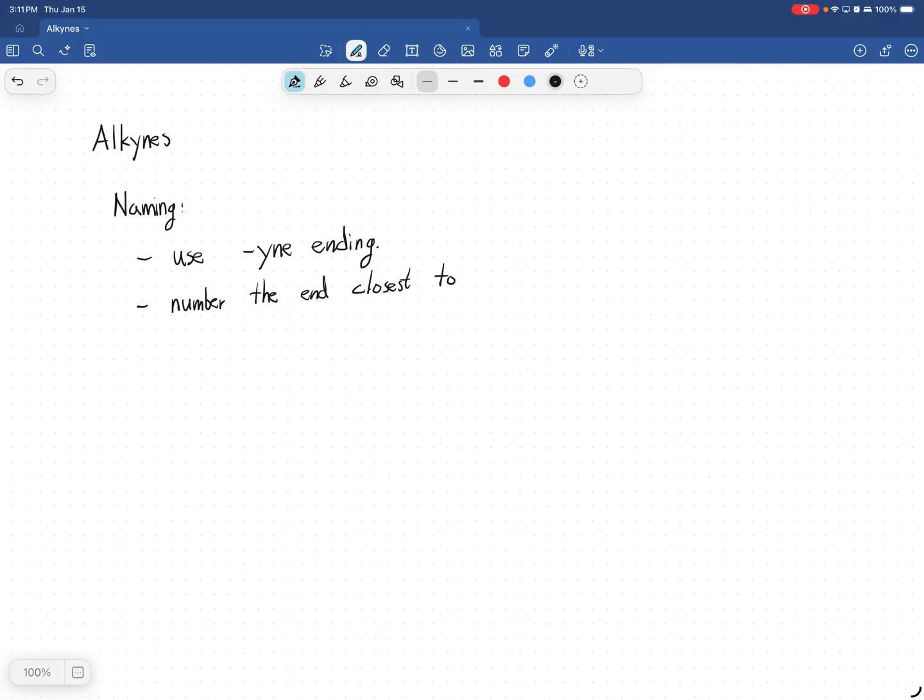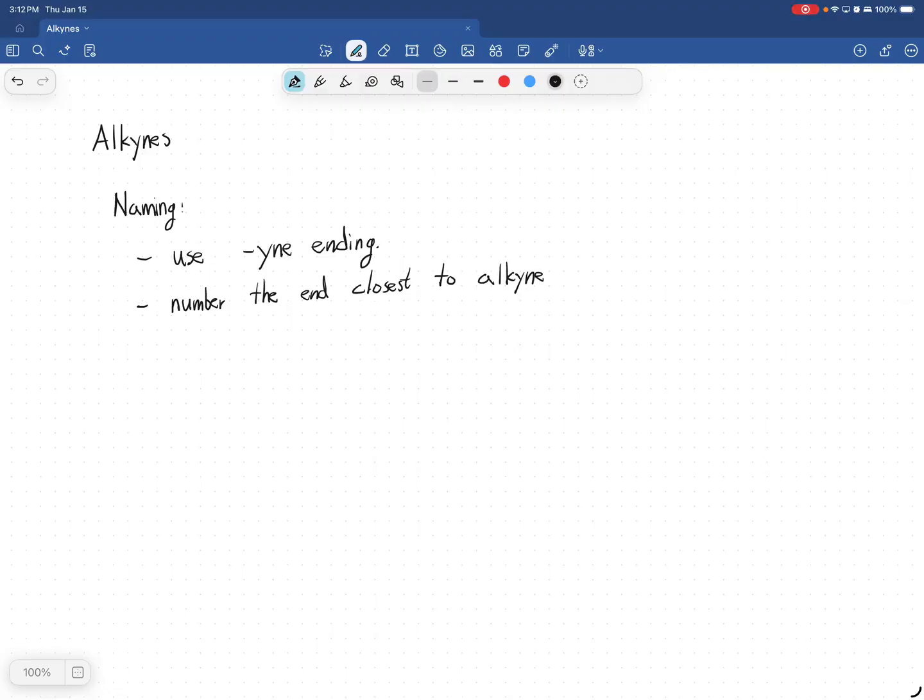If we have an alkyne in the chain, we're going to start numbering from where? Is it a double bond or triple bond? Yeah, the alkyne, the triple bond. Good.